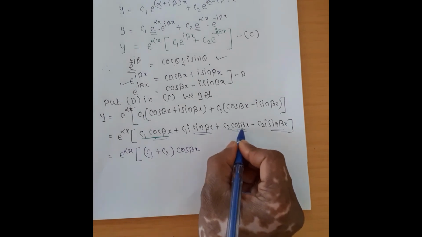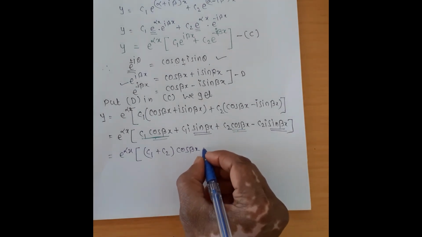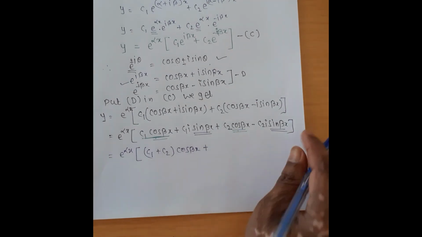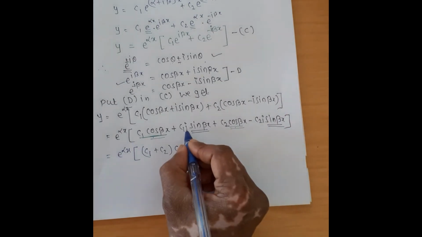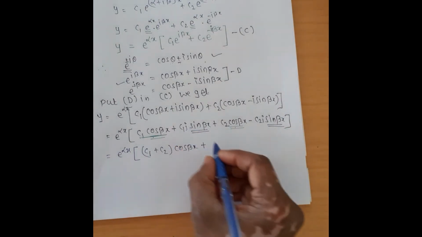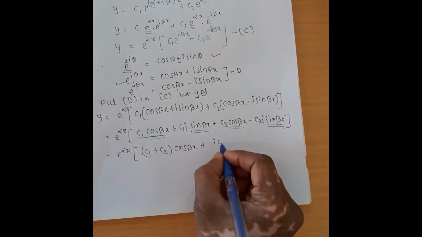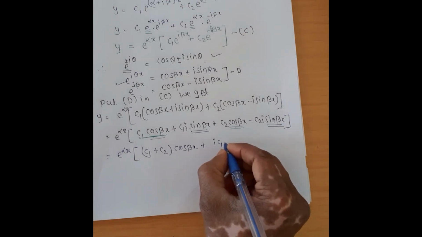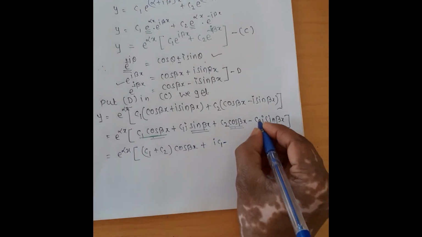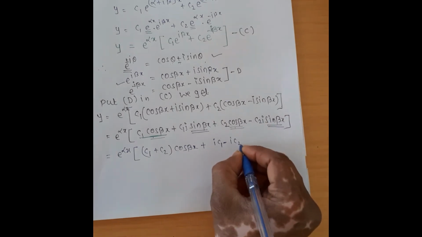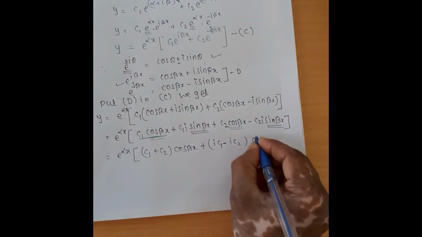C1 plus C2 into cos beta x plus, here is sin beta x, here is sin beta x, i C1 minus i C2 into sin beta x.